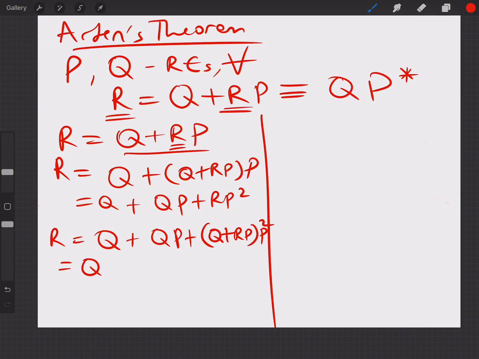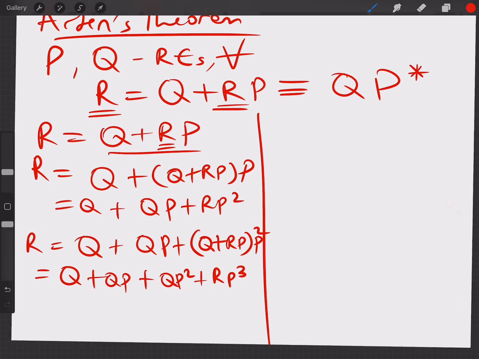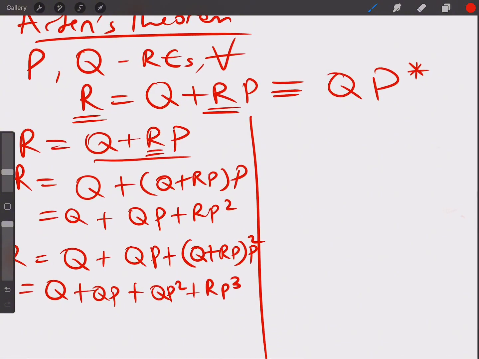What we have then is Q plus QP plus QP squared plus RP cubed. By now you could notice that this will keep on spawning multiple copies in a sequential order, right? So we are going to keep having QP squared, QP cubed, QP to the 4th, QP to the 5th, and so on up to QP to the N.